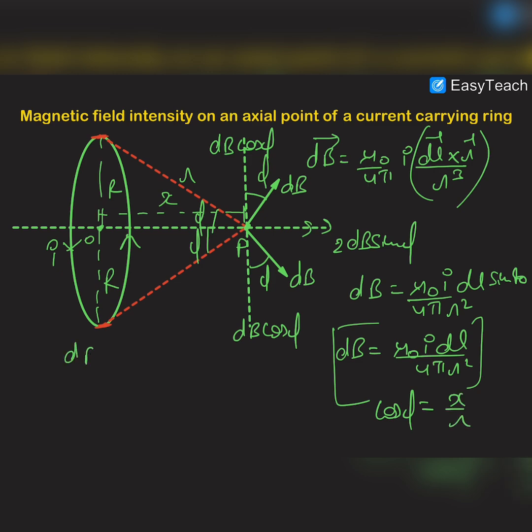So dB, 2 dB sin phi, in fact this is cos phi, and sin phi is r upon r.